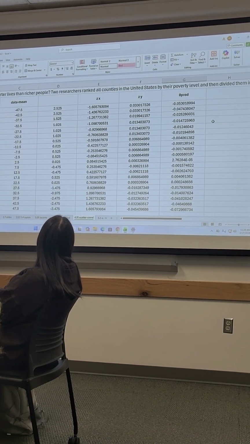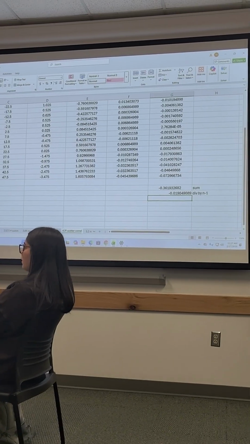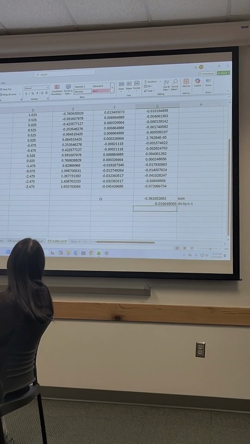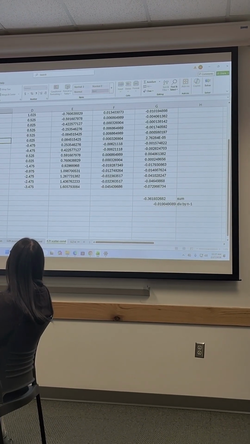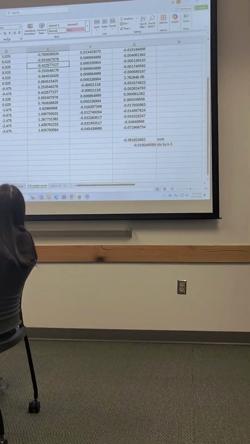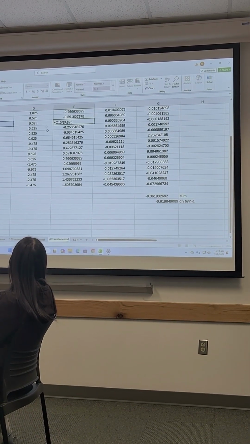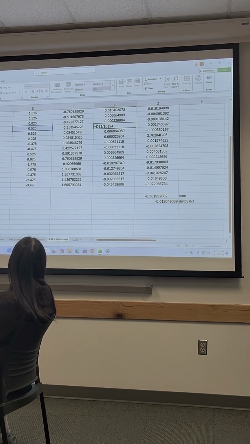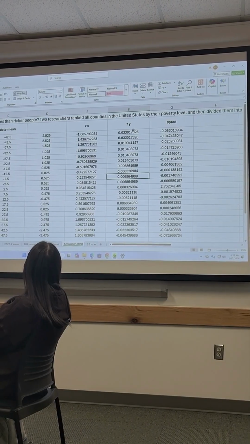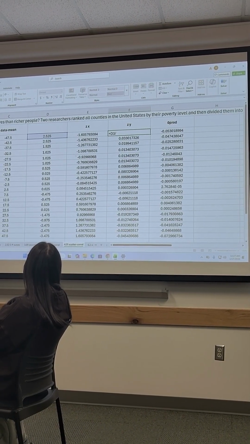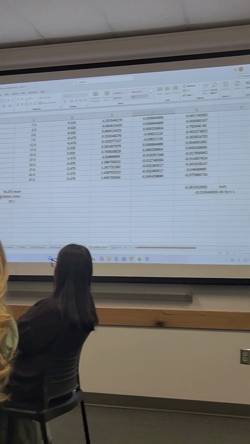Did we find the correlation coefficient? I thought that was wrong. That should be 0.92. What was wrong? The data minus the mean, divided by the standard deviation. Oh, that's right. Oh, I divided it wrong. That's why. This column is wrong because I divided it by the mean instead of by the standard deviation.